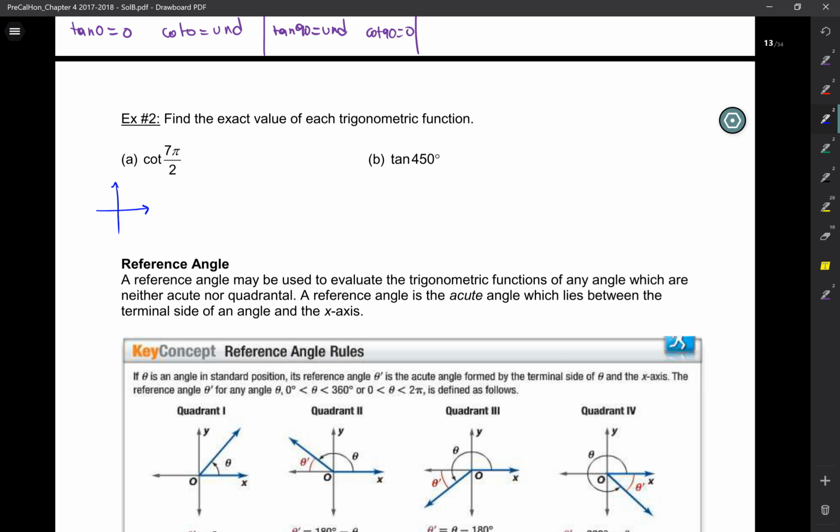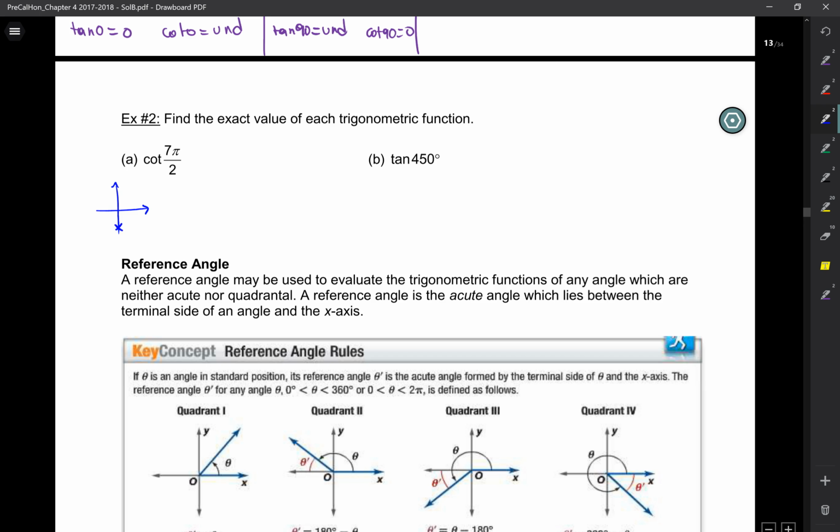So over here are your even pi's: 0 pi, 2 pi, 4 pi, 6 pi, 100 pi, 252 pi. These are all your odd pi's: 1 pi, 3 pi, 5 pi, 51 pi, 343 pi, all here. So 3.5 pi, 3 and another half pi, I'm right there. Okay?